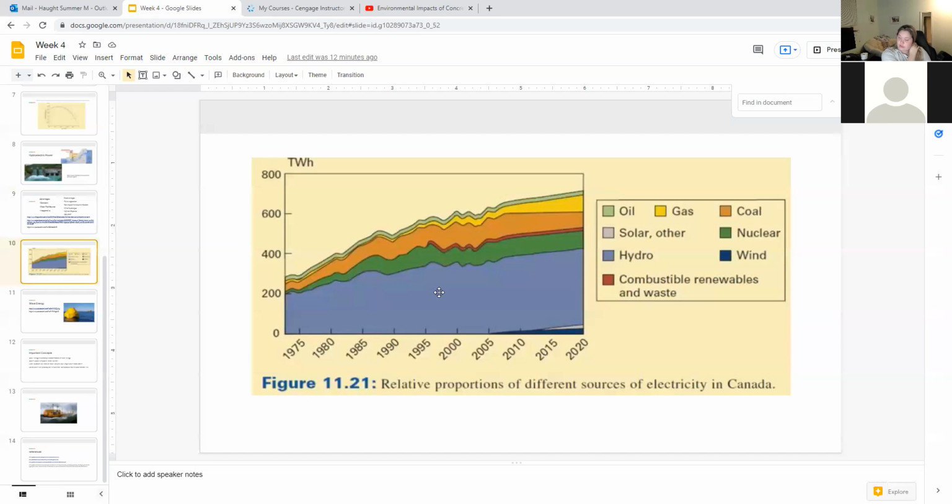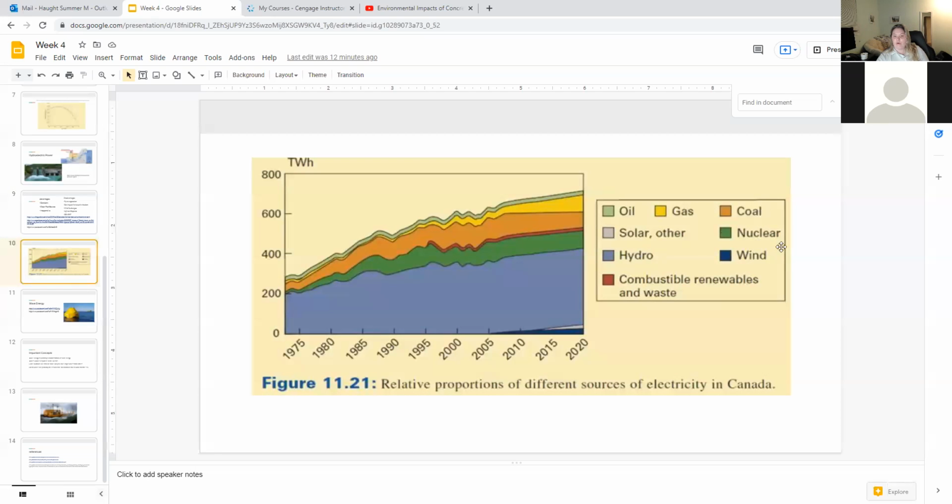These are my favorite actually, because I think they show a visual representation of what is actually going on. What this is showing is a time period in Canada, from 1975 to 2020, and all of the energy sources. So coal, fossil fuel, right? Gas, oil, all of these are fossil fuels, which makes sense how we can see that those are significant portions. And then it's showing all other renewable sources that we talked about.